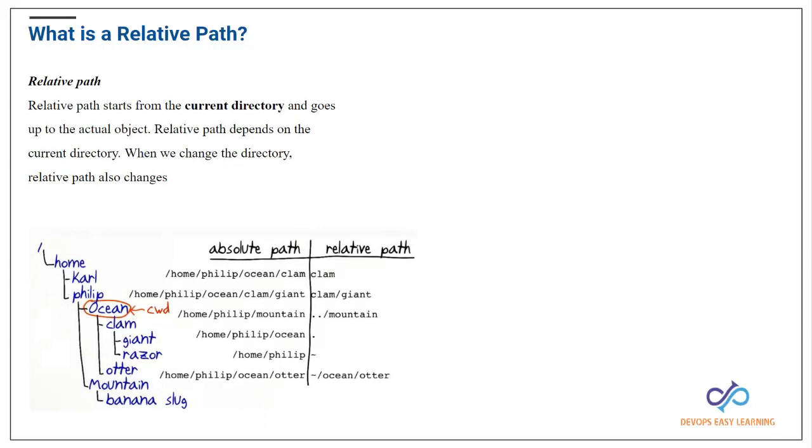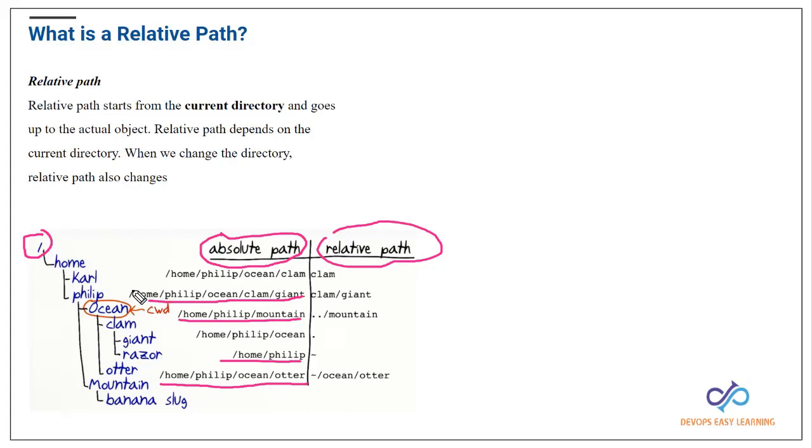For instance, this one here is an absolute path, and this one is a relative path. The absolute path starts from the root file system, which means if you start from the root file system until you hit the object that you want, this path is called an absolute path. Why?